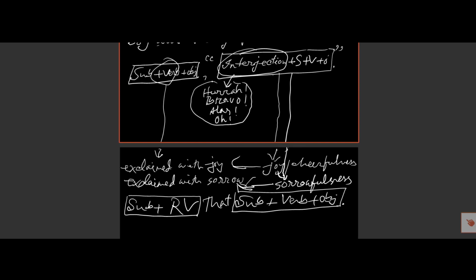So the indirect structure will be: subject, then exclaimed with joy or exclaimed with sorrow, any one of these put as the reporting verb, then, removing the inverted comma, that as conjunction, and then, as in the assertive sense, the subject begins first.